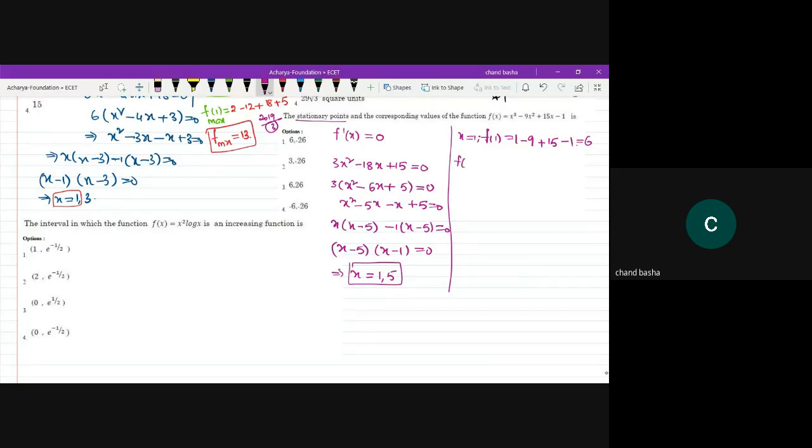And then f of 5 is equal to 5 cube, 125, minus 9 into 5 square, that is 225, plus 15 into 5, that is 75, minus 1. Just replace that value with 1 and then 5, and calculate this value.